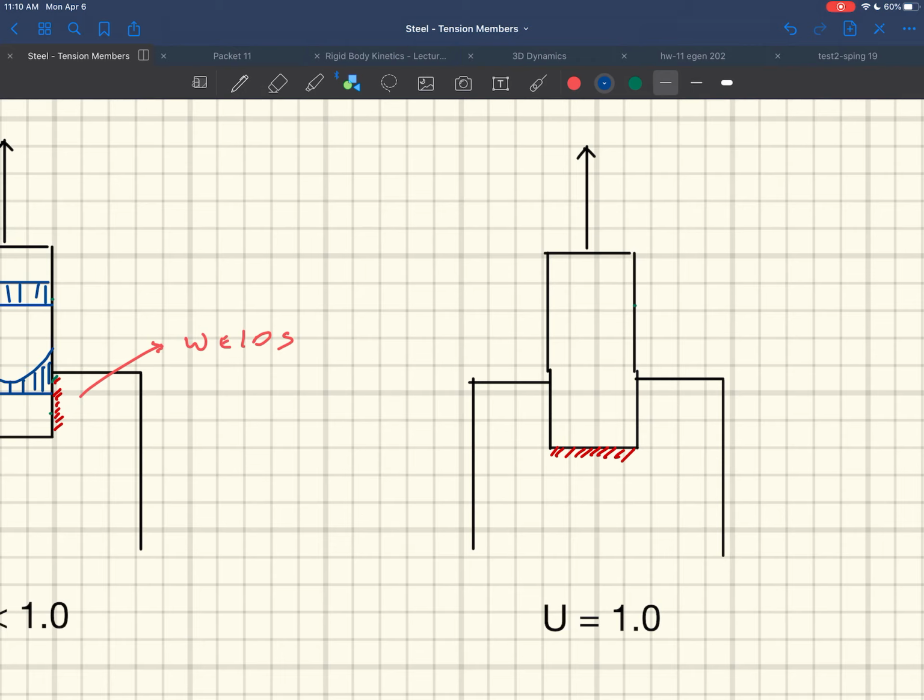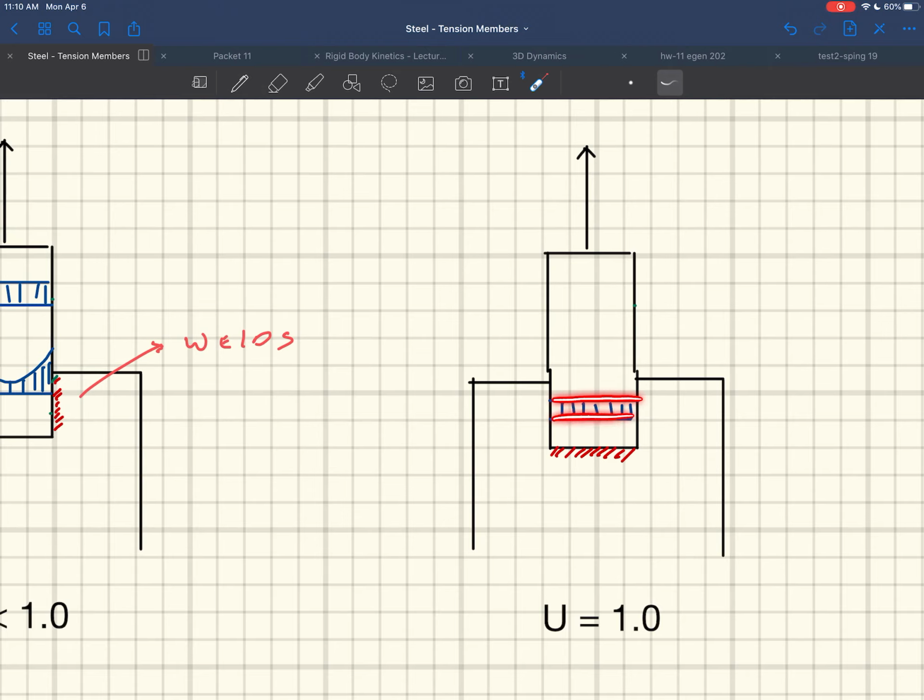The other type is this guy over here. In this particular case, the way that I'm holding on to it, I'm uniformly holding on to it at the end here. I'm going to uniformly hold on the end of this thing to resist this load. So instead of attaching to the sides, I've attached to the bottom. When I attach to this bottom right here, it's going to be uniform.